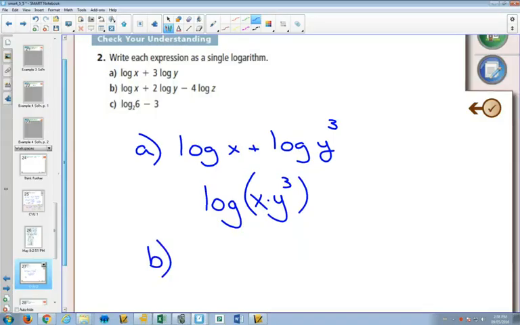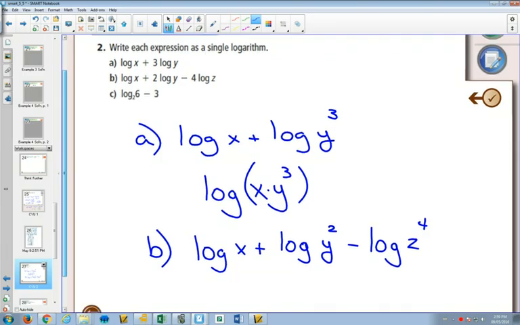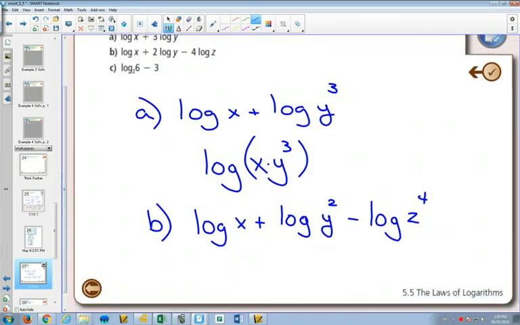Part B, again, I notice that there are some numbers in front. So when I'm putting them together as a single log, the first thing I'm always going to do is put those numbers in front in as exponents. I'm going to do this one in 2 steps, and then I'm going to show you a shortcut at the end of what you can do if you have more than one log, adding and subtracting.